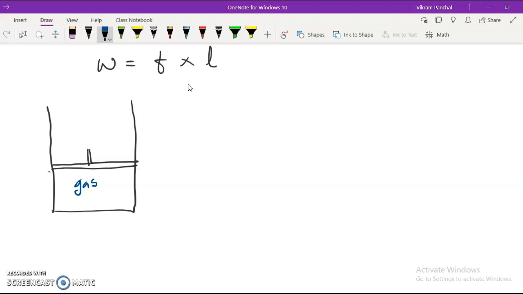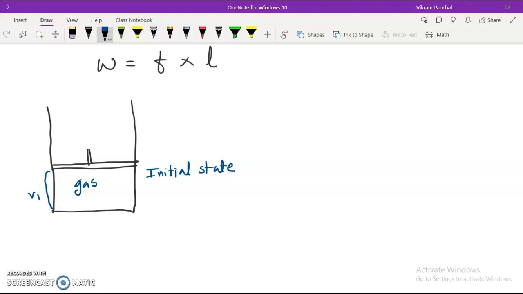So this would be the initial volume V1, and it is called the initial state. This gas will always try to lift this piston because of the force, which we consider as a pressure.